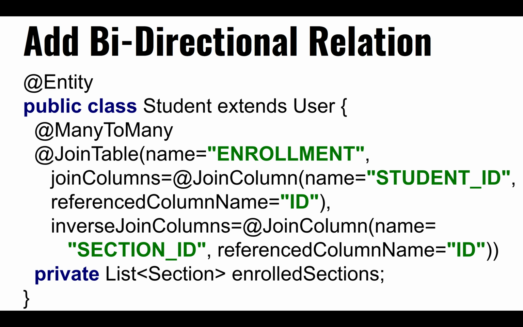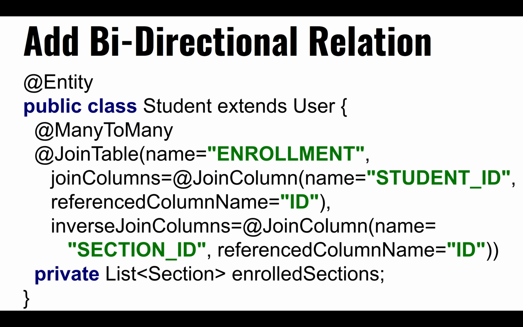Well, the implementation is always going to have a table in between. You have students and you have a section, and the implementation is always to have a table in between. So here's the enrollment, and this is always going to be the implementation.